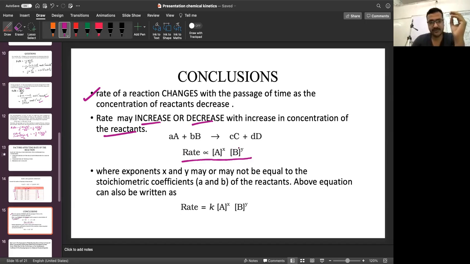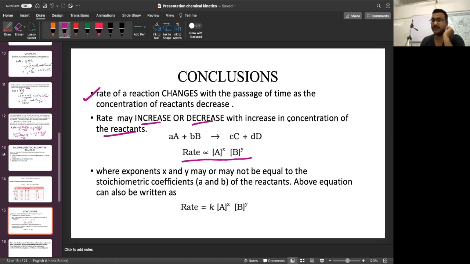But suppose I have given you a small question and I've told you that on doubling the concentration of A, the rate of the reaction becomes twice the initial value. So what according to you will be the value of x?